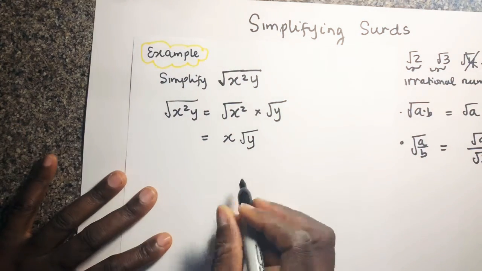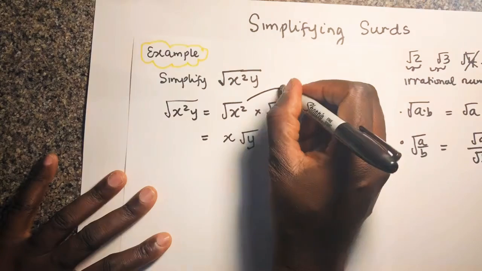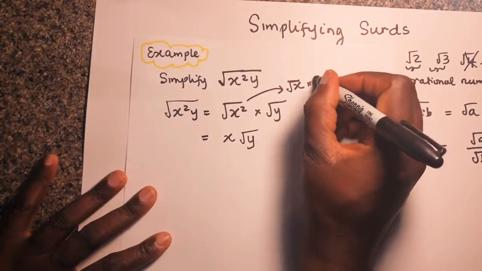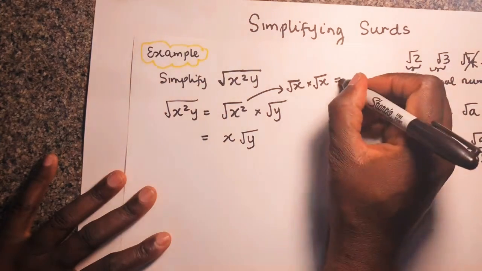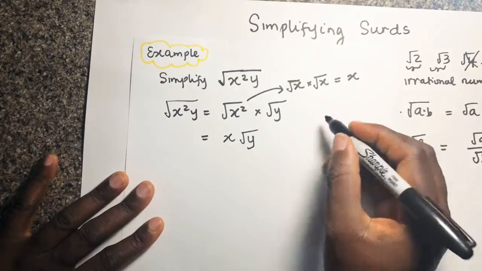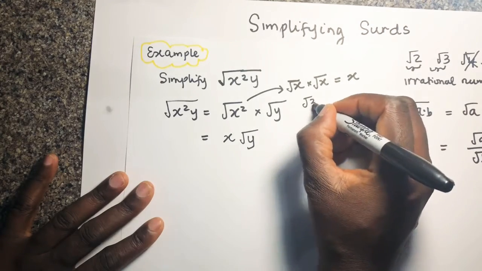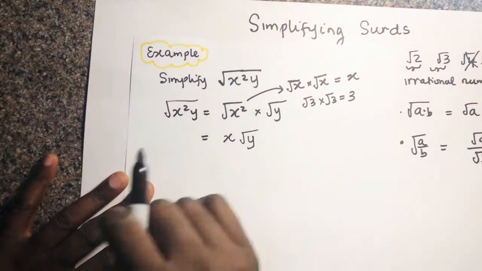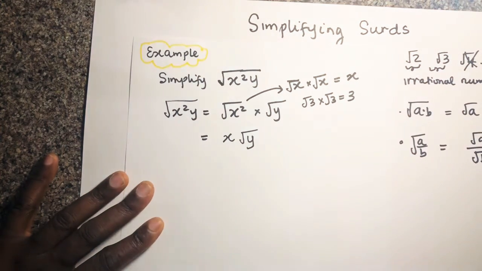You should know that the square root of any number times the square root of that number is going to give you the number itself. So if you've done the square root of 3 times the square root of 3, that's just going to give you 3, and that works for any numbers or unknowns.